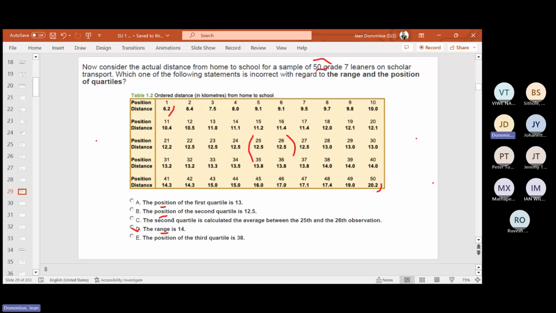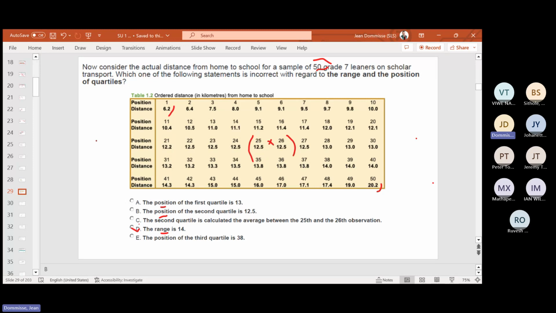So it is adding the two numbers and getting the average: adding 12.5 and 12.5 and dividing by 2 gives you 12.5. So the median is also 12.5.